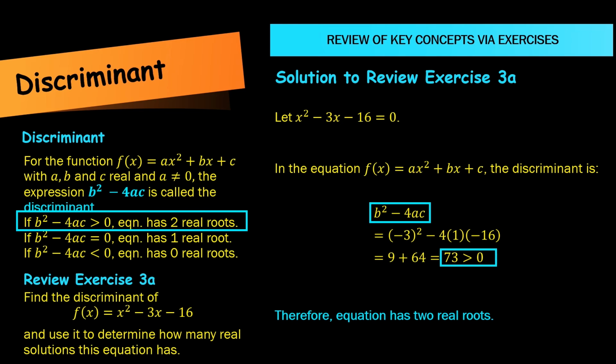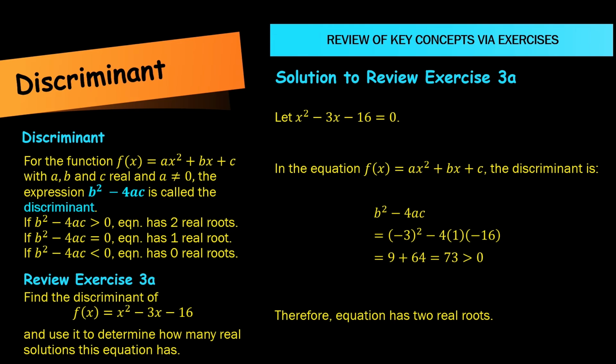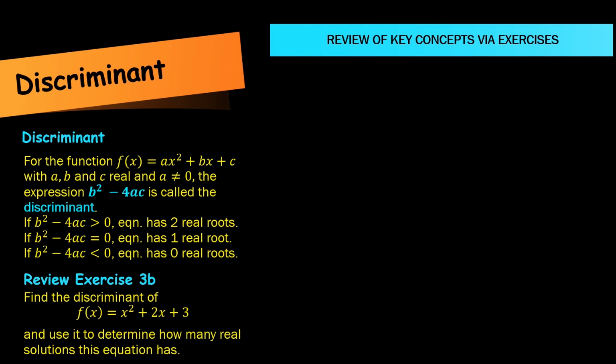Now let's solve review exercise 3b. Find the discriminant of f of x equals x squared plus 2x plus 3 and use it to determine how many real solutions this equation has. We let x squared plus 2x plus 3 equals 0.